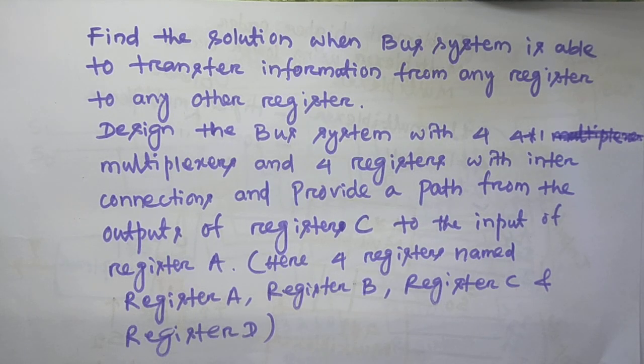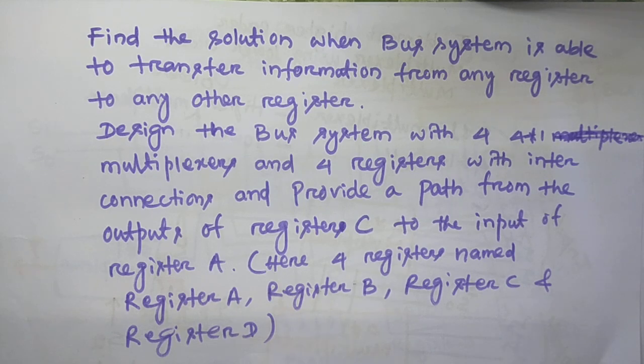We design the bus system with 4 into 1 multiplexers. That means 4 multiplexers we have to consider, where each multiplexer is of 4 into 1 model, and another is 4 registers.